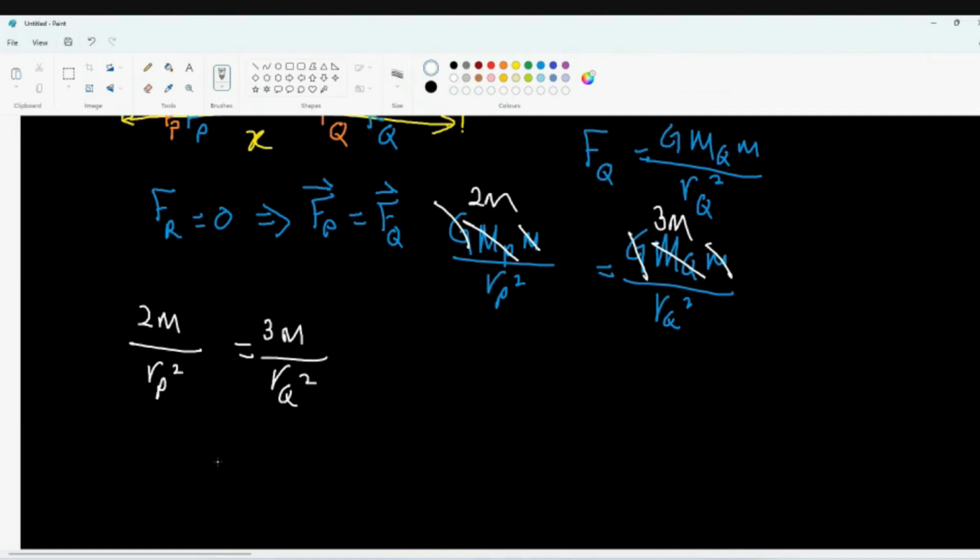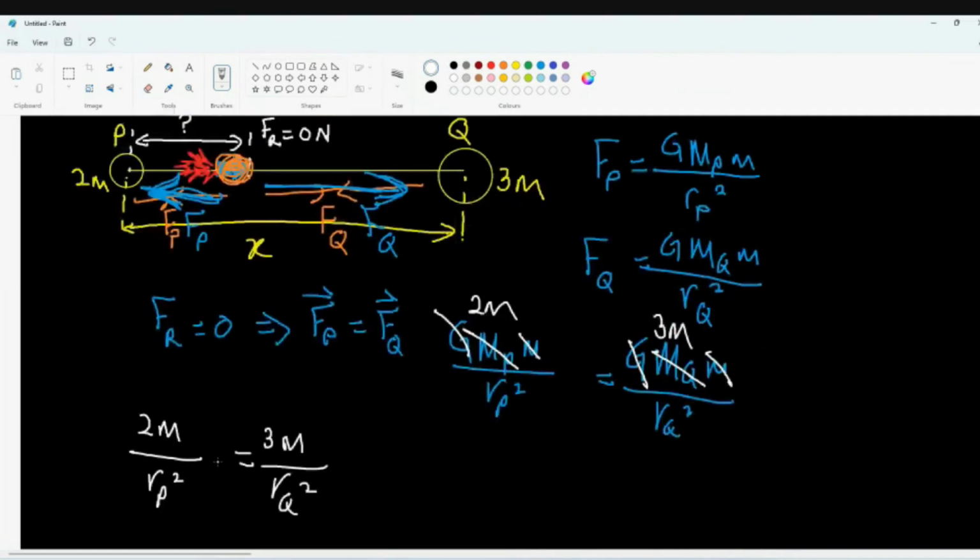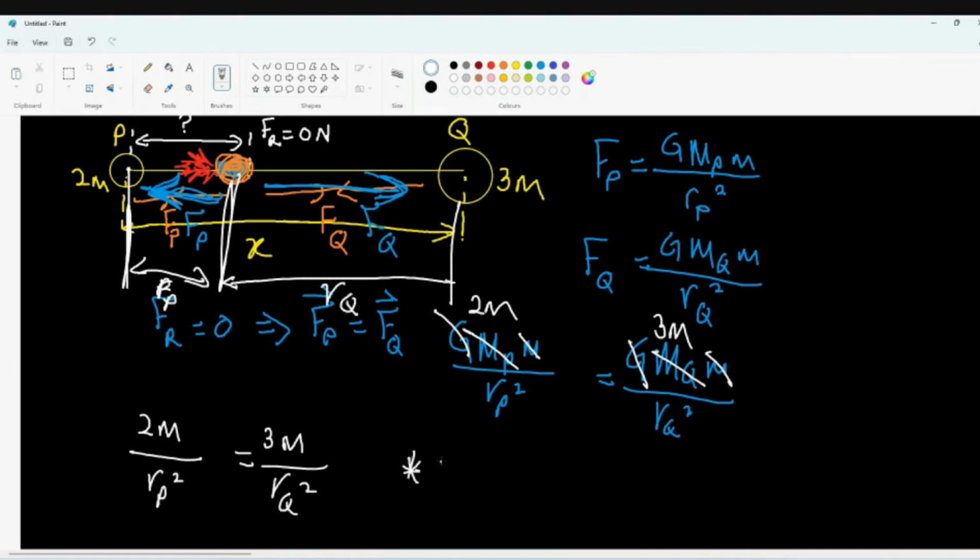Now we just want to find the distance P. No matter where the rocket moves, we know that distance P plus distance Q equals X.